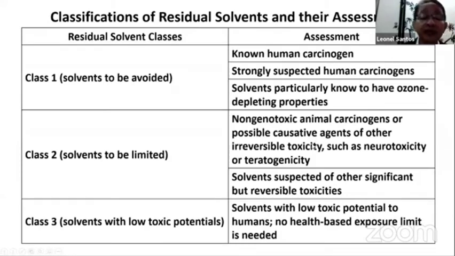Now, this slide describes to you the 3 different classes of residual solvents. Class 1 would be solvents that are to be avoided because they have high toxicity. The second class are those that are solvents to be limited. You can use them, but they need to have some limited amount in the product.